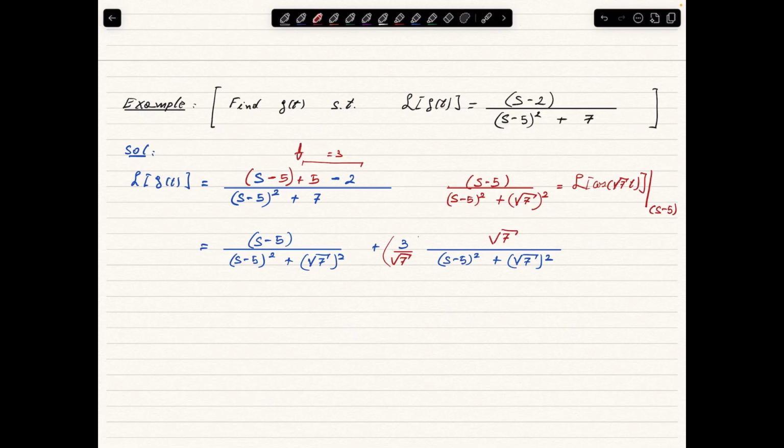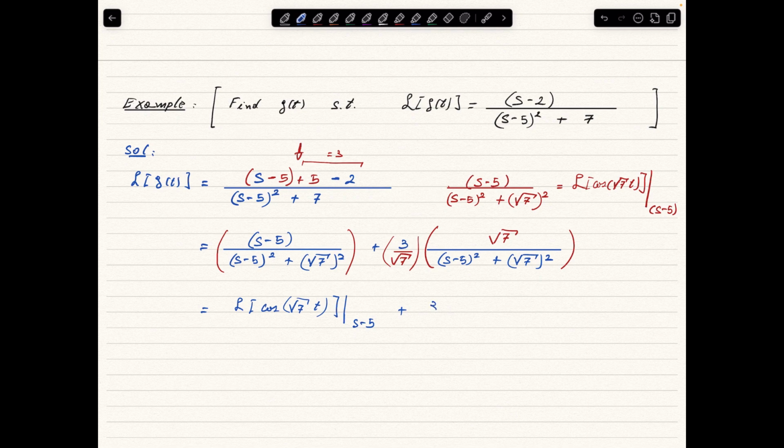And this is a constant that we have outside. So now we know what these two terms are. The first one is the Laplace transform of the cosine of square root of 7 times t shifted to s minus 5.